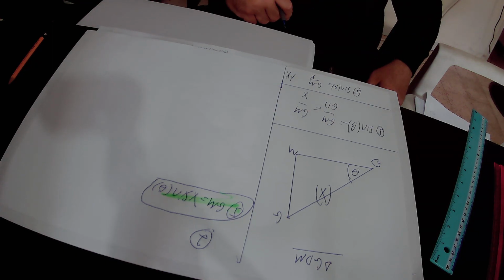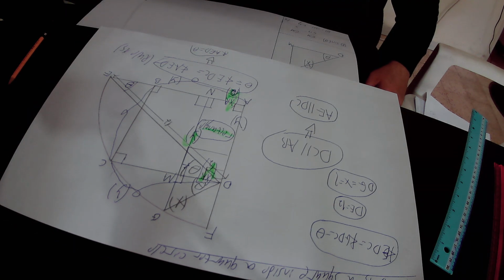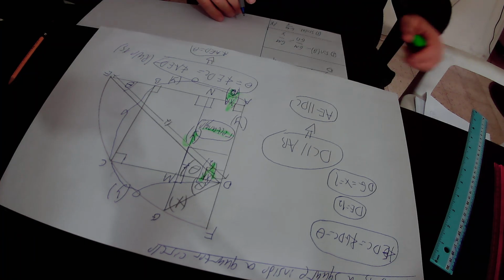In the next step, I'll copy the right triangle, this right triangle ADE, again in this new page. We will continue to analyze this right triangle, triangle ADE.